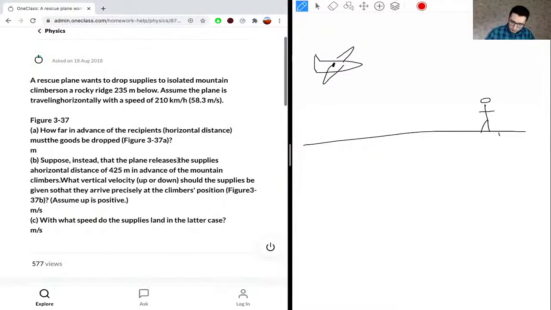And the center point, or the point where the person is at, is right there. Okay, and we're going at a speed of, oh sorry, 58.3 meters per second. And we're at a height of 235 meters.